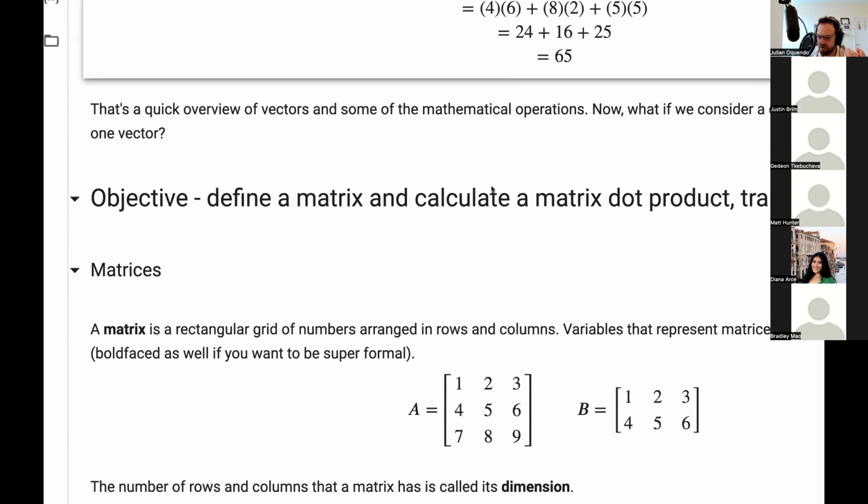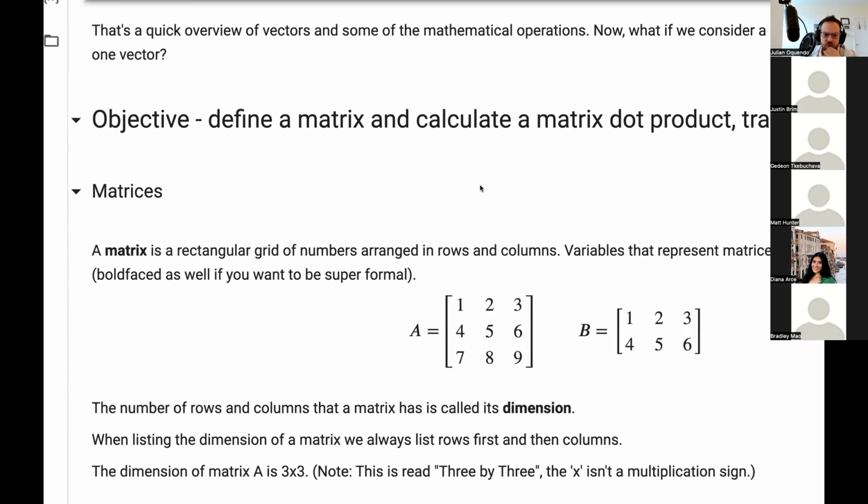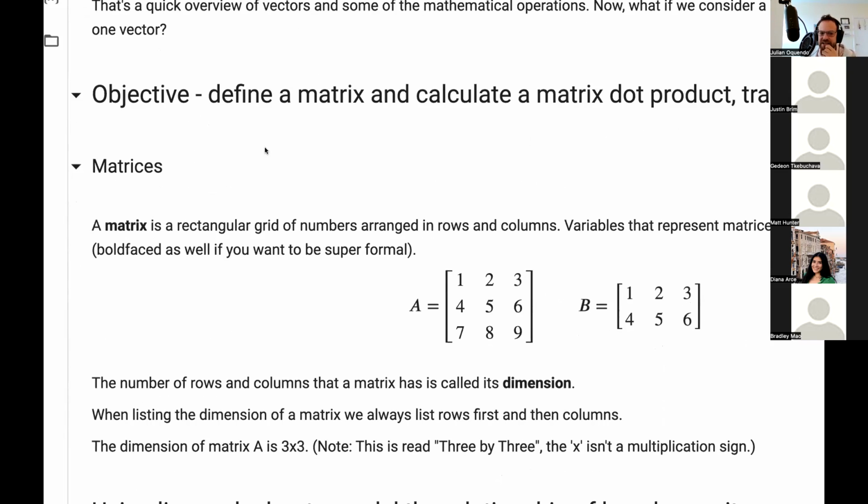Because of how you build a vector into a value, or how vectors get applied in the sense of computer science and the type of analytics that we're going to be processing, we use both vectors and matrices to calculate or interpret the quantitative values of the features that we're working with.